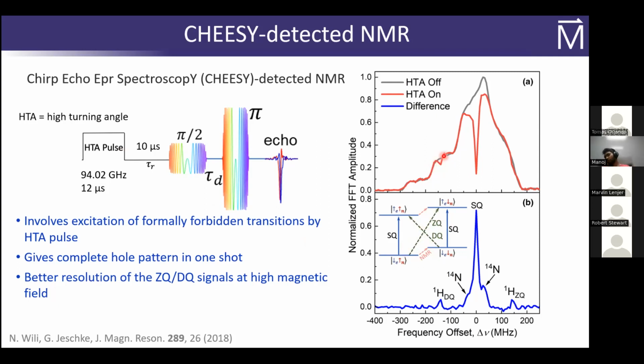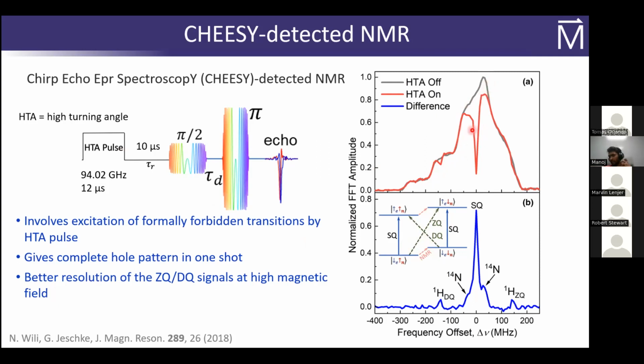So one can view this Fourier transform detected NMR as a polarization readout that gives a complete hole pattern in a one-shot manner. The gray trace here represents when there is no high turning angle, and the red trace when there is high turning angle.